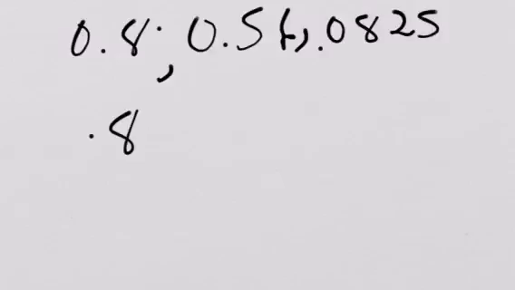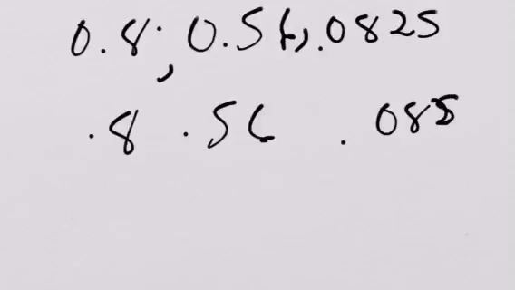The next number is going to be exactly, so this time when I wrote it out, it came out exactly as we would want it to be. Because 0.8 is bigger than 0.5, 0.5 is bigger than 0.8. So we know that that would be correct.